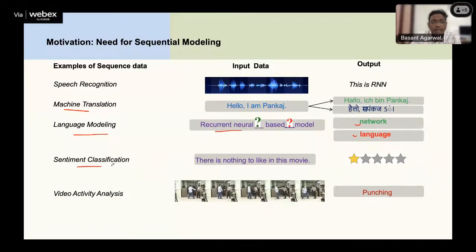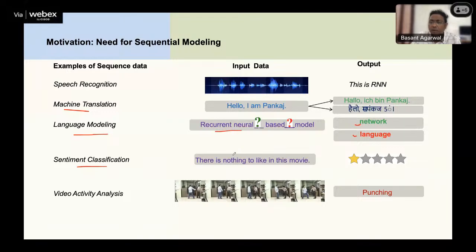And sentiment classification also: if we want to predict the sentiment of the sentence "there is nothing to like in this movie", we can directly do it with the standard neural network and convolutional network, but it would be better if we process each word in a sequence and then try to predict the outcome.